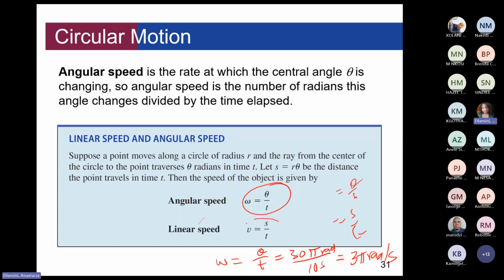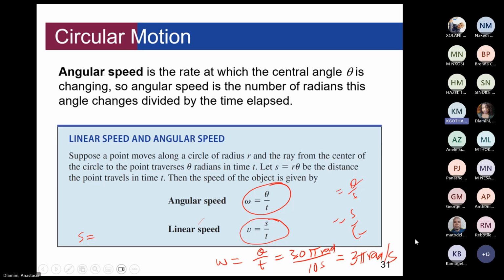Now, to find the linear speed, what are we going to do? We're going to say V equals S divided by T, and our S is, is it 3 feet? Why are you saying 30? Aren't we also multiplying with our radius?